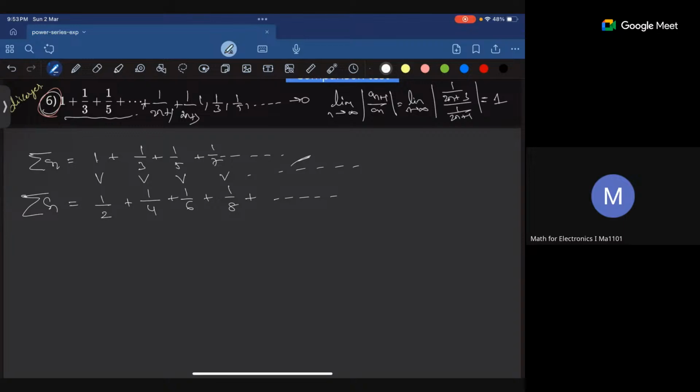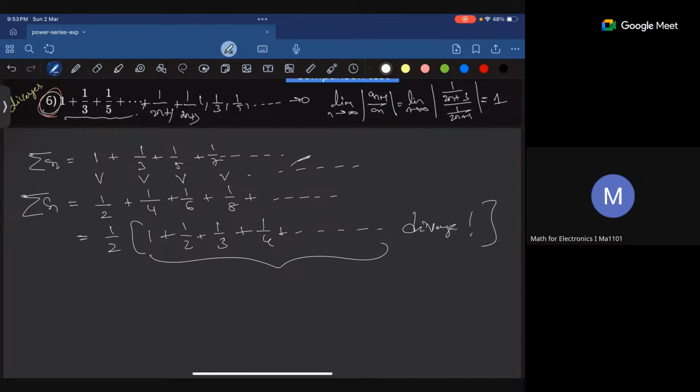How can I prove c_n diverges? If I pull out a half as common from this expression, I will have 1 plus 1/2 plus 1/3 plus 1/4 plus and so on. This is the harmonic series, and this will diverge. We have seen this.